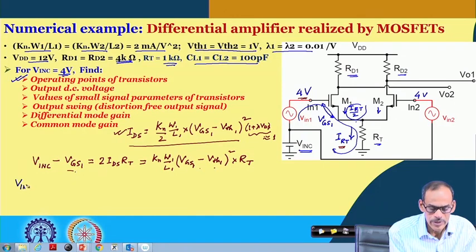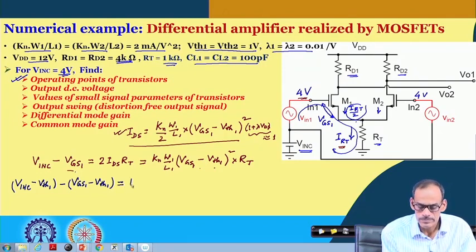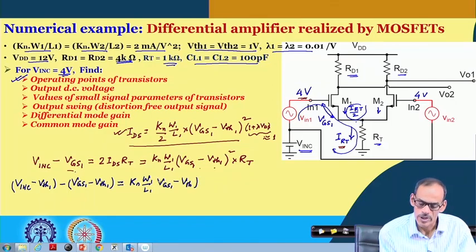What we can do is take Vin C minus VTH 1 and then minus (VGS 1 minus VTH 1) equals Kn W by L into (VGS 1 minus VTH) square into RT.